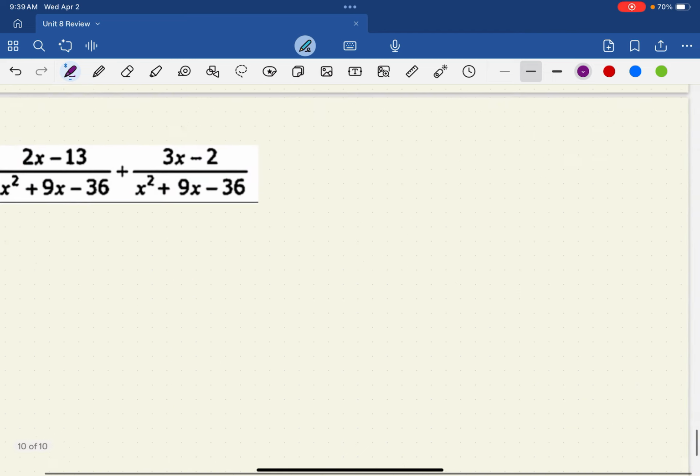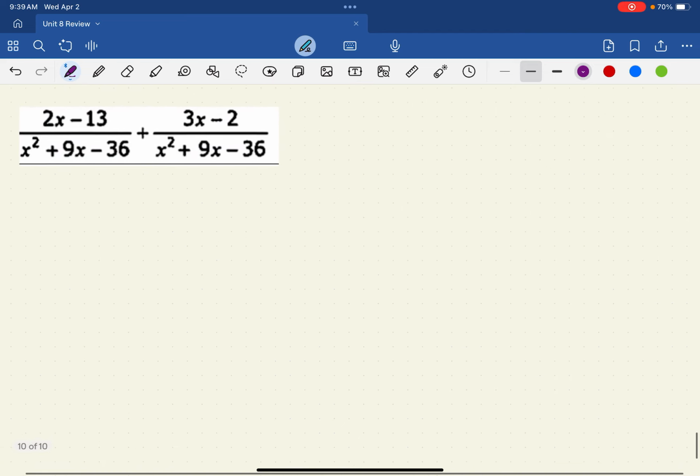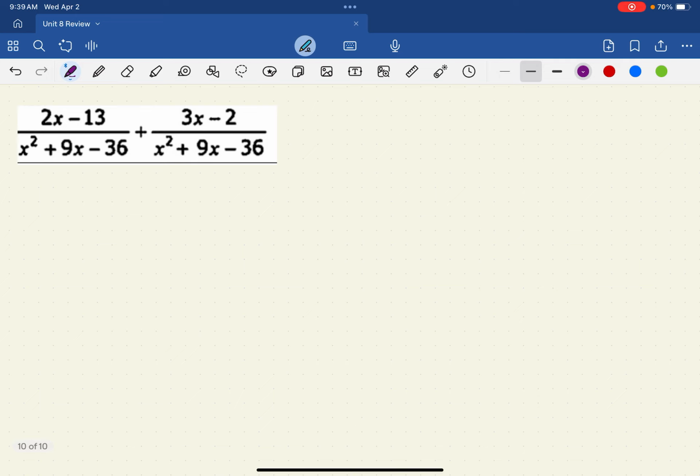And on to the last problem, which is an addition problem. So make sure you have common denominators. We do. So now we can just go ahead and add straight across. So 2x plus 3x is 5x, negative 13 minus 2 is negative 15.